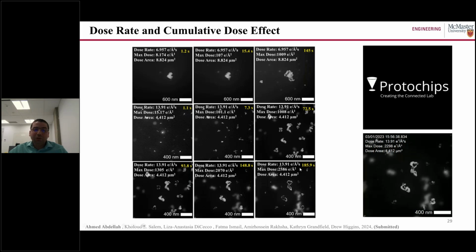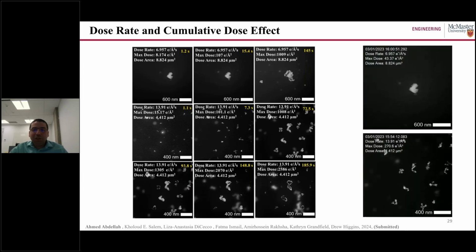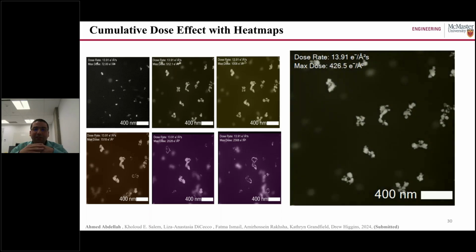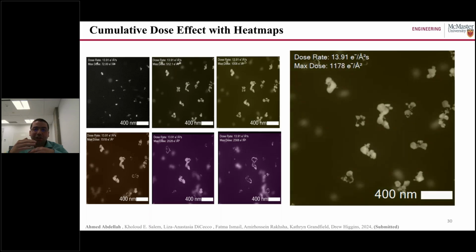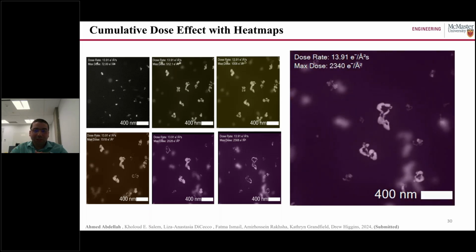In addition, once you increase to a high dose, the dose can even cause dissolution of the particles under this condition. So the prototype gives this dose map, so you can track all of this, and you can also get the accumulated dose as a factor for the heat map. You can see which areas start to be exposed to a medium or high dose rate, and you can adjust the threshold for your experiment, at which accumulated dose you can conduct the reaction to avoid any change from the beam dose.